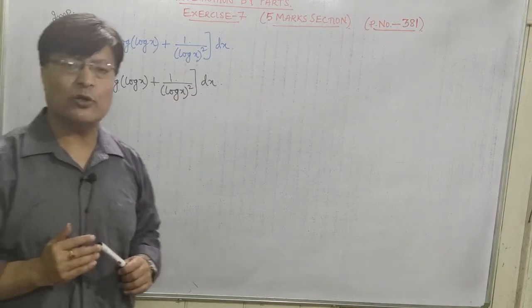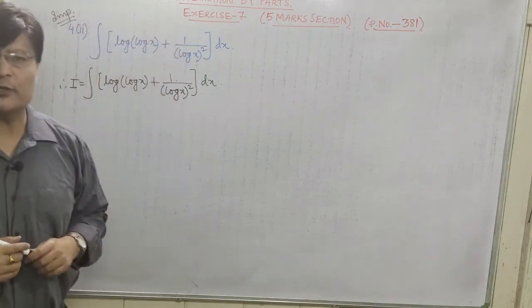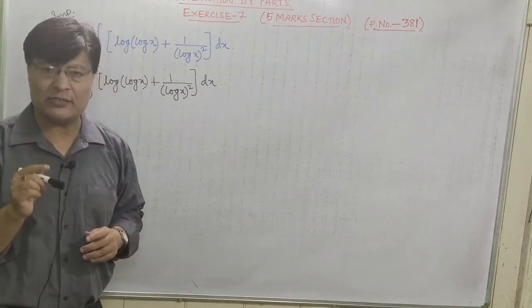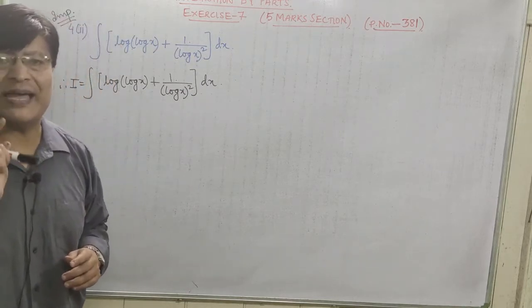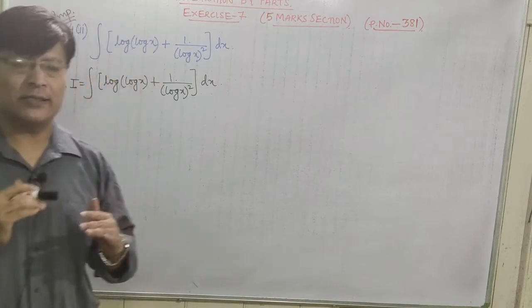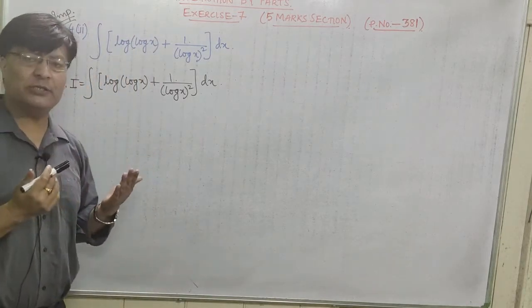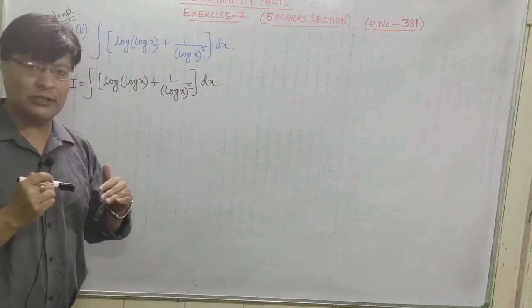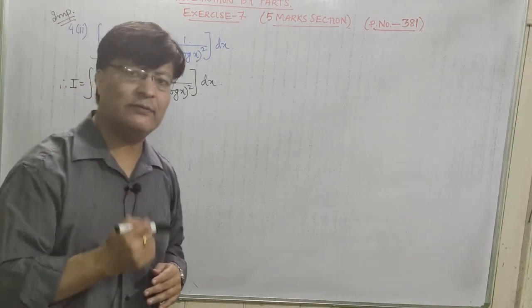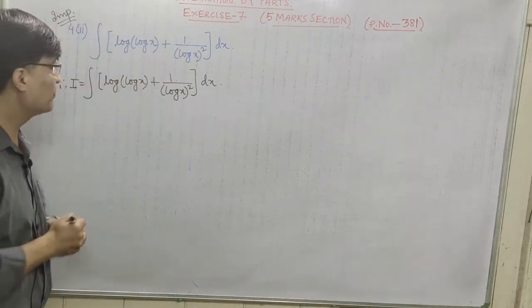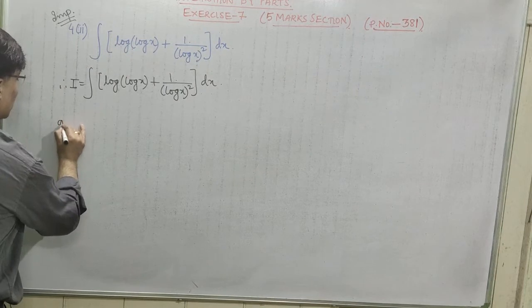So in this case also, for the first function you have to use integration by parts, keeping the second term as it is. So the same method is used as we have done in number 1. Okay, so let us separate this function first.